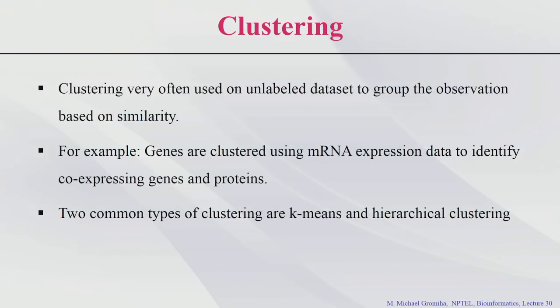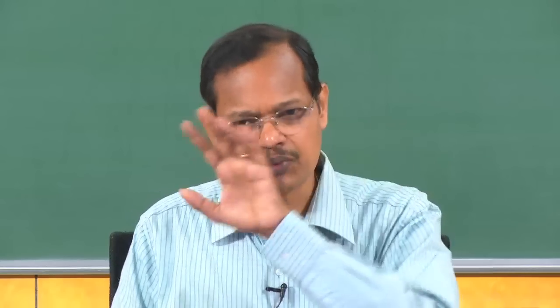We take clustering, which is one of the unsupervised learning methods. It is very often used for unlabeled data sets to group observations based on similarity. For example, if you have a group of 100 proteins and hydrophobicity is your feature, you know the hydrophobicity value for all 100 proteins.